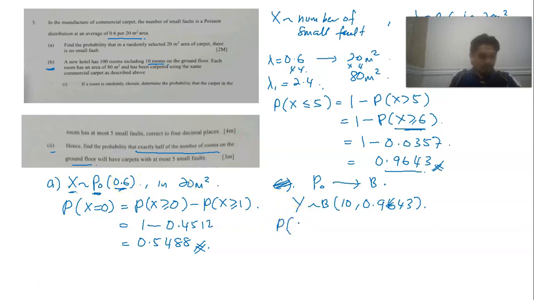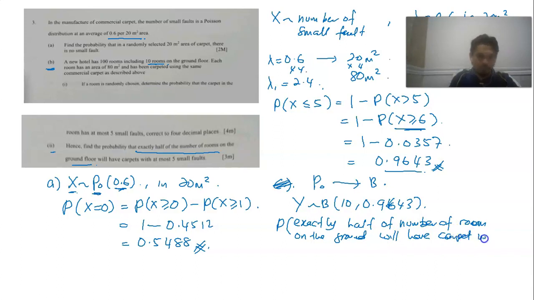Okay, so the property, if I write this in a long sentence: exactly half of the numbers of rooms on the ground will have carpet with at most 5 small folds.